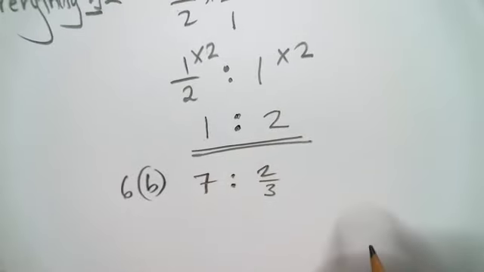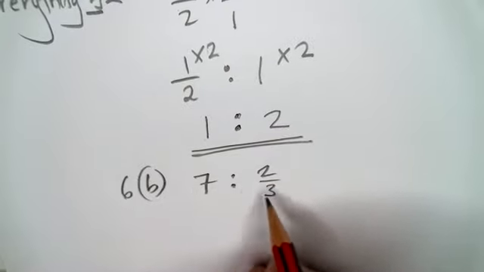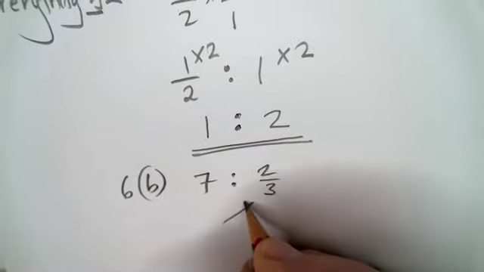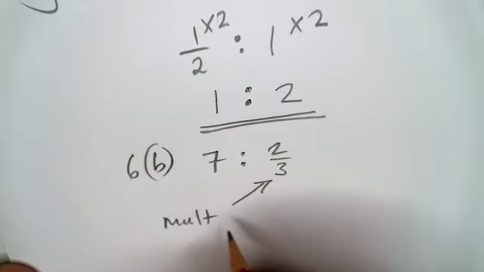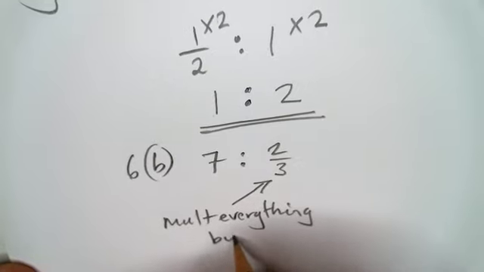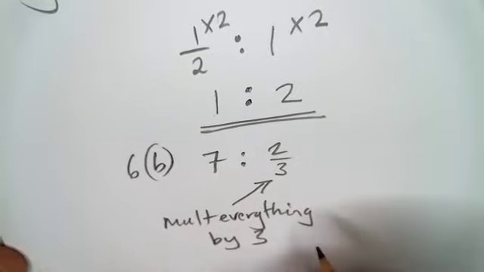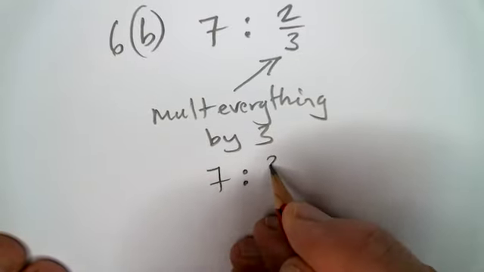Again, we say, well, the 7's fine on its own if this was a whole number, but it's not. So we look to the denominator. The denominator is 3, so we're going to multiply everything by 3. So I'm going to multiply, here it is again, 7 to 2/3.